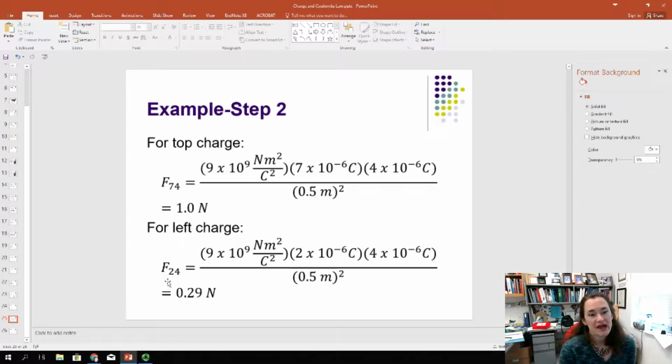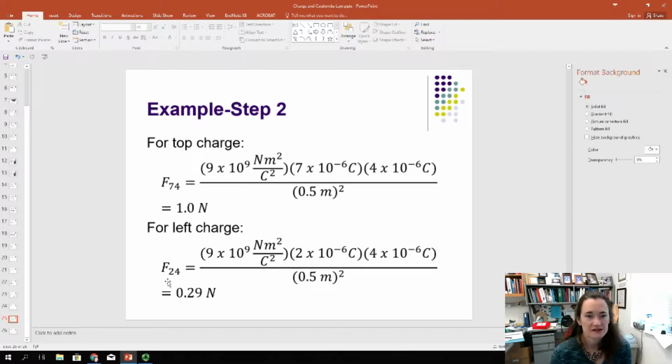Now, I've written down F7,4. That's the force from charge 7 on charge 4. Okay, so I'm going to calculate the magnitude for that. Coulomb's law is k Q1 Q2 over r squared. All right, so k, the Coulomb constant, 8.99 times 10 to the 9th newton meters squared per coulomb squared. I wrote it here as 9 because I'm just keeping one sig fig here.